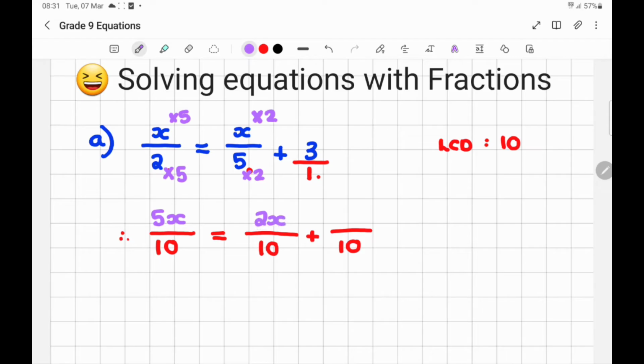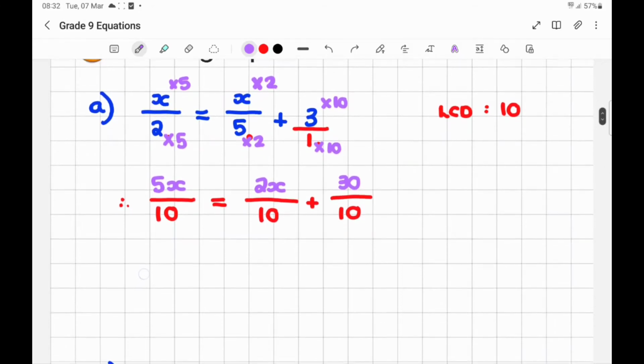So 2 times x is 2x. What did I do to 1 to get to 10? I times it by 10. What I do at the bottom, I have to do on top. So when you simplify, can you see 30 over 10 does give me 3. So I didn't change my values at all. And now, people, only with an equation, when you've got all your fractions over 10, you're going to drop it like it's hot.